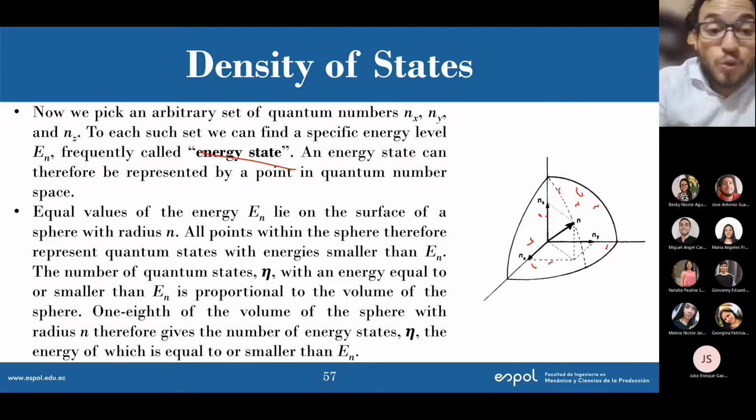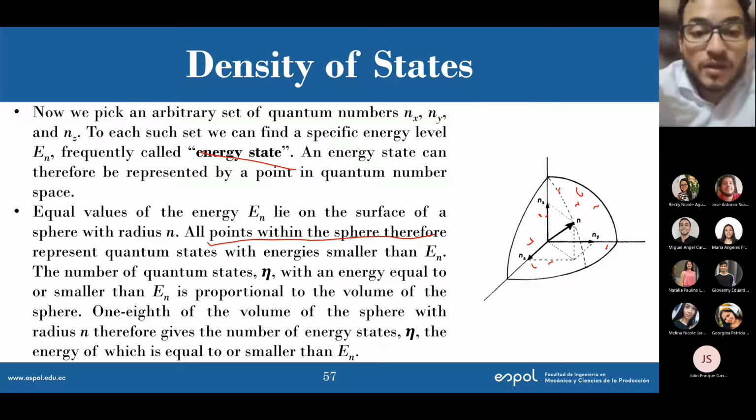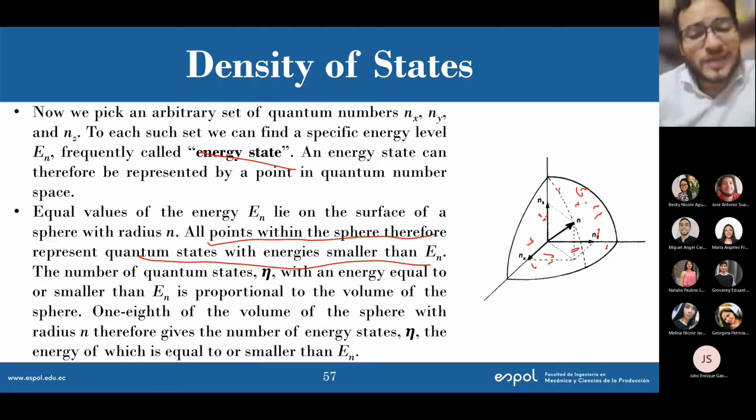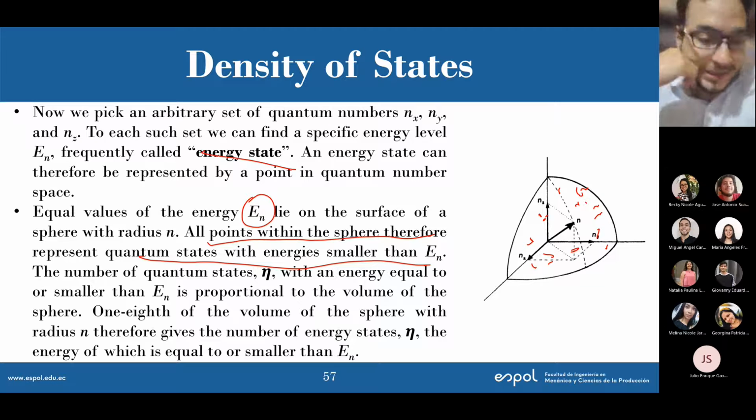Therefore, all the points within the sphere, now within, not on the surface, are quantum states that have an energy smaller than E of n. So basically, an energy smaller than the energy that is on the surface. And that makes sense, right? So within this sphere, I have values of energies smaller than the value on the surface that we've called for now E of n, or E sub n.